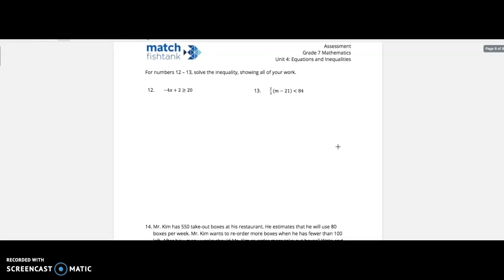All right, number 12. Negative 4x plus 2 is greater than or equal to 20. So we subtract 2 from both sides. These will cancel out. And I already know that the sign is going to be flipped because my coefficient is a negative, but we'll wait to flip that. Then we divide both sides by negative 4, which tells me I've got to flip the sign.